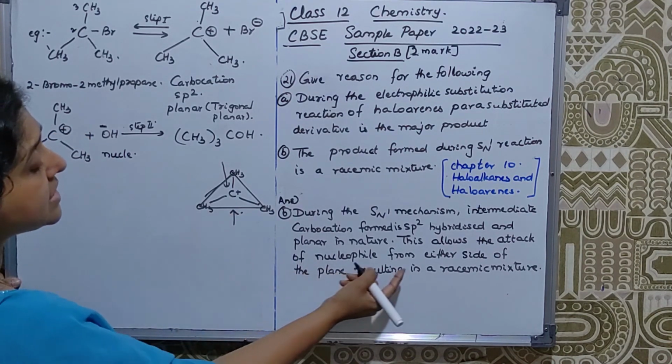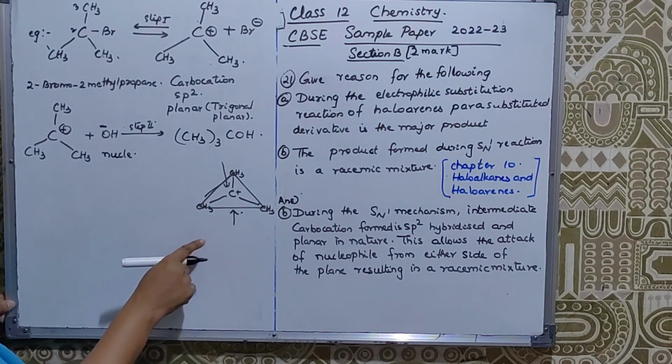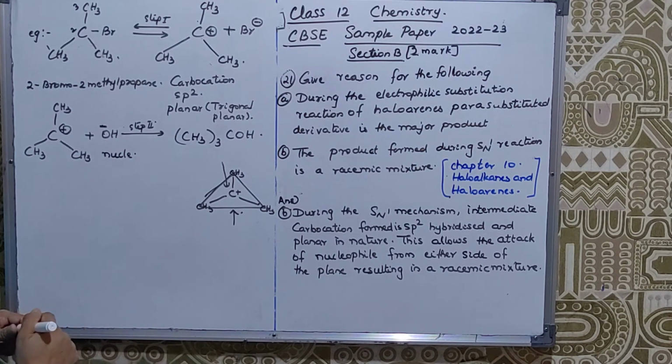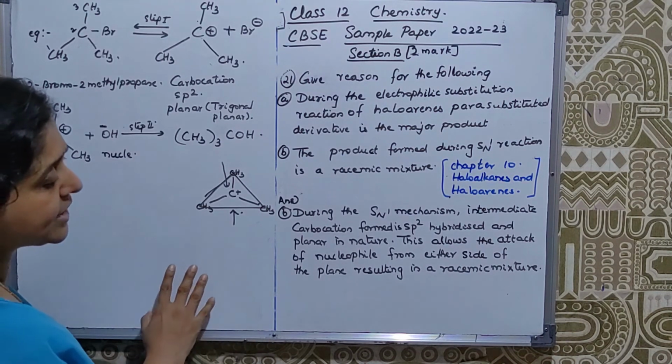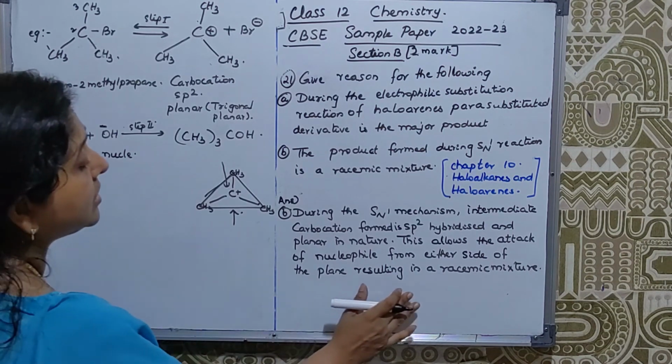So it contains 50% dextrorotatory and 50% levorotatory. Dextrorotatory will rotate the light in one direction, levorotatory in the opposite direction, so the net effect gets cancelled. So that is the answer.